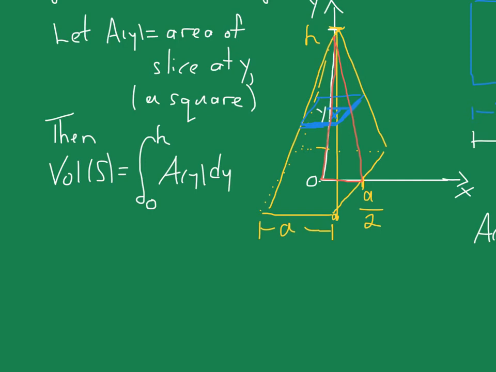What did we find? We found that this volume is 1/3 a squared times h. All right, so the volume, as we said, of a pyramid with square base, side length a, and height h is equal to 1/3 a squared times h. That's 1/3 times the area of the base times the height. Interesting.